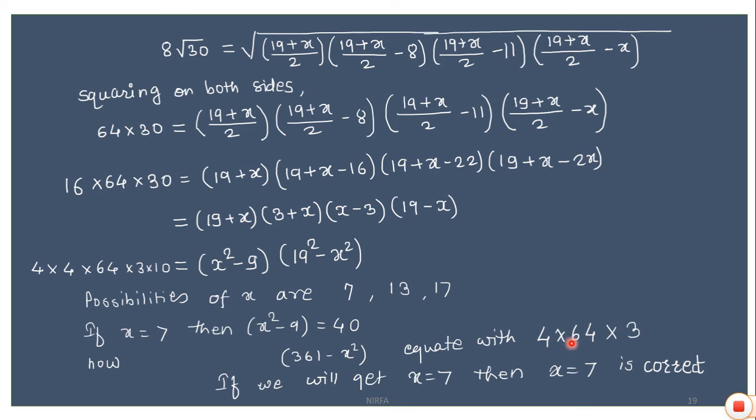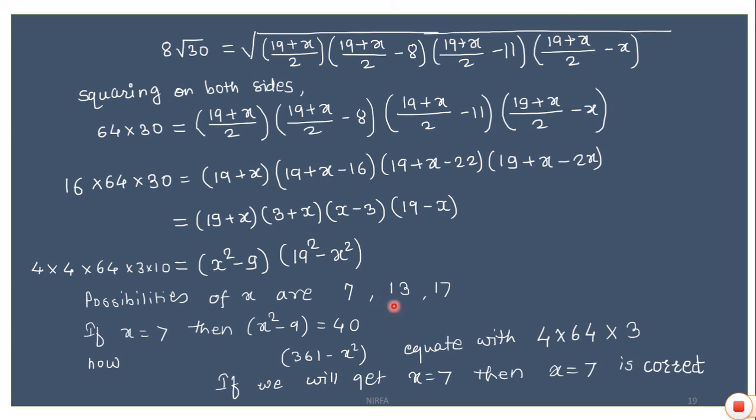But here, which you are equating with this quantity, you know 3 into 4 is 12, and 12 into 64 is something beyond 700. So it is not possible to equate this bracket and this value at x equal to 7. Therefore, for this equation, the value of x should not be equal to 7.